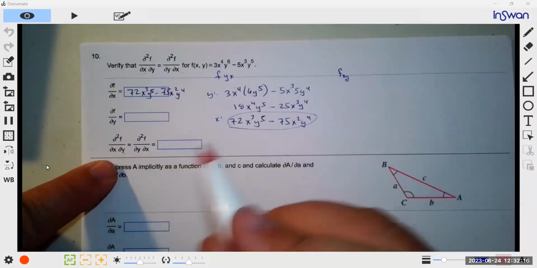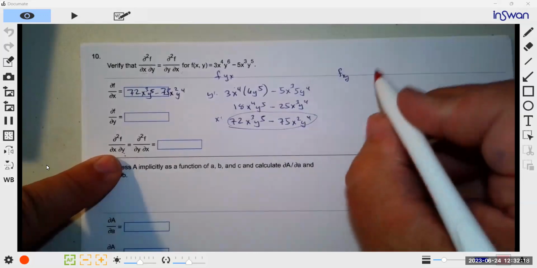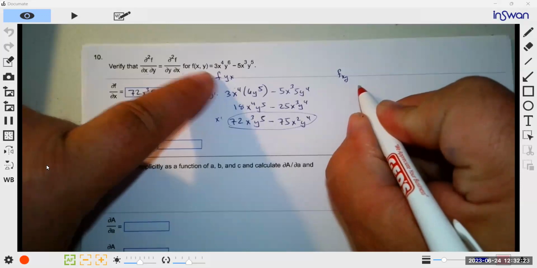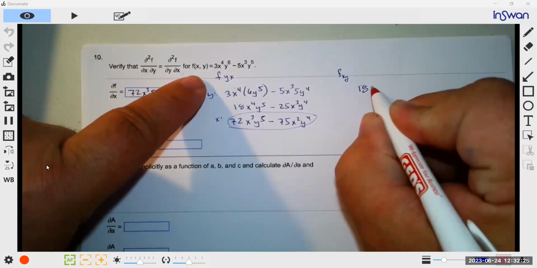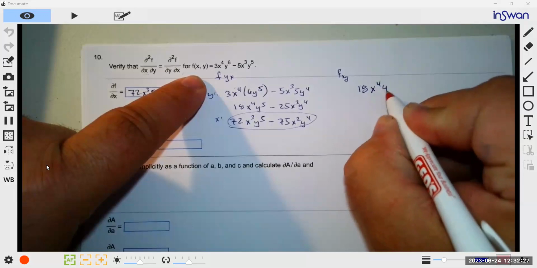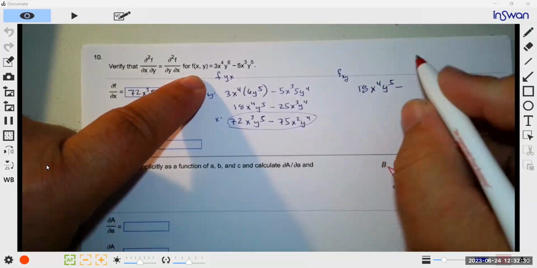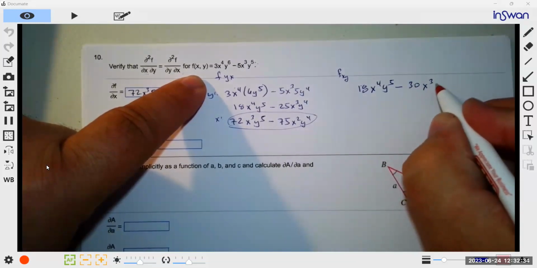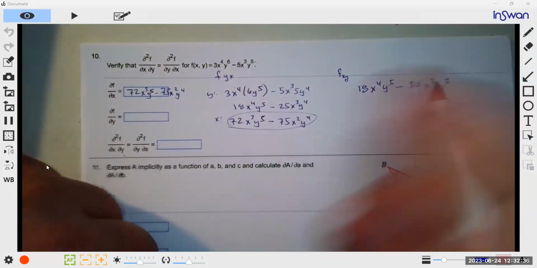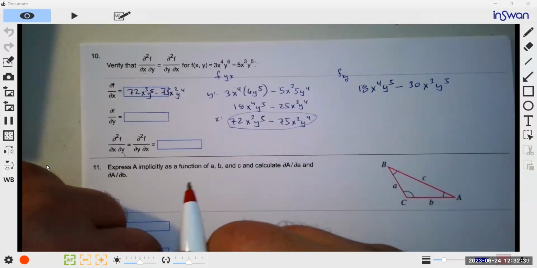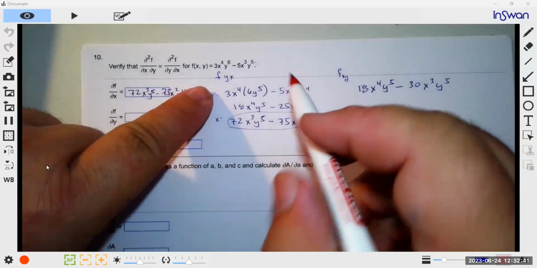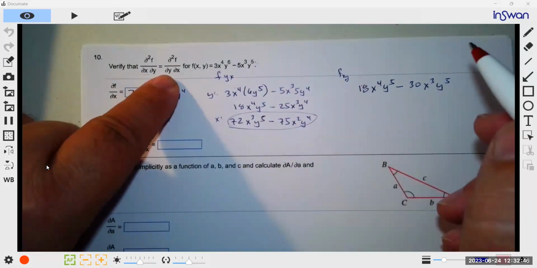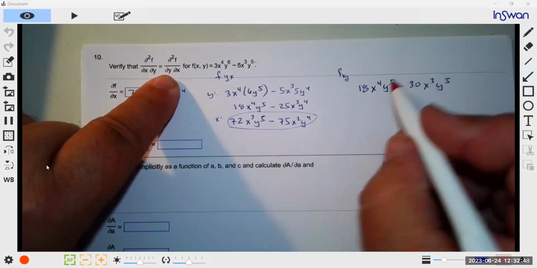Now do the same thing here with respect to x first and then y. Oh, I did the y first.